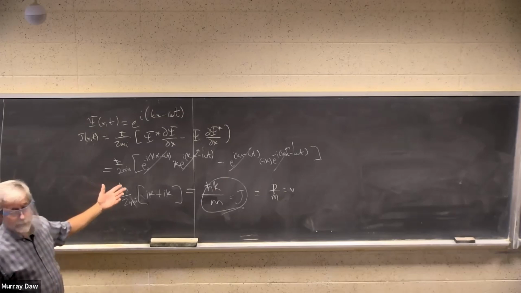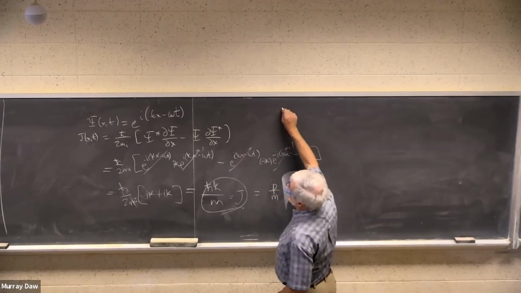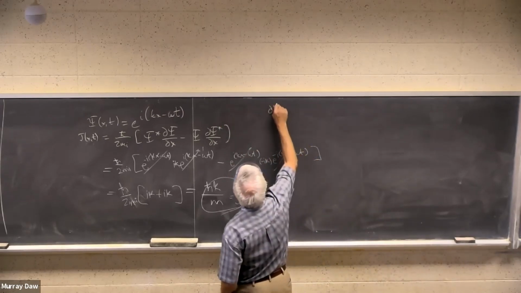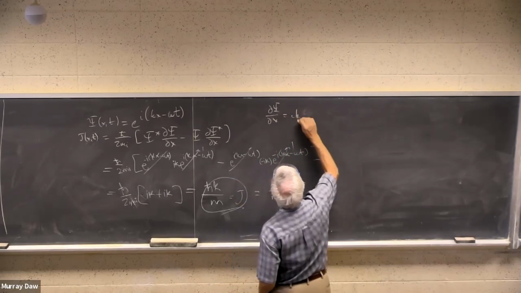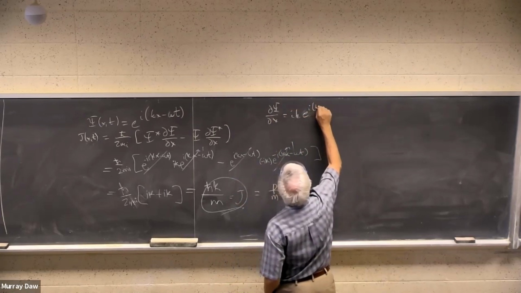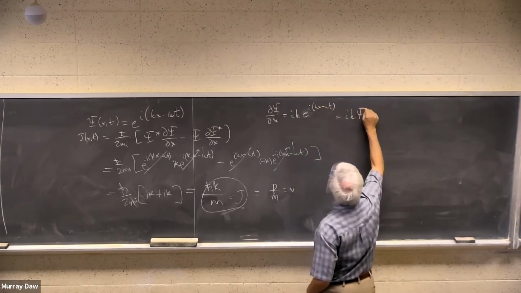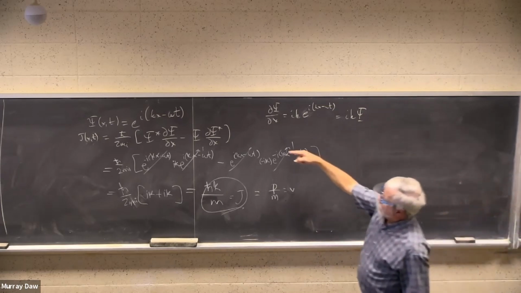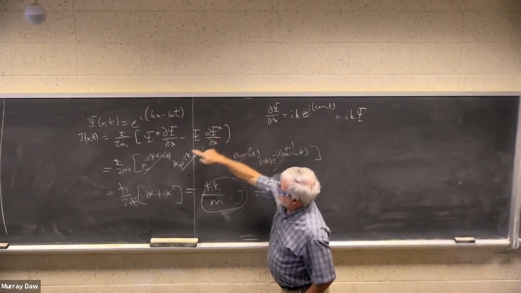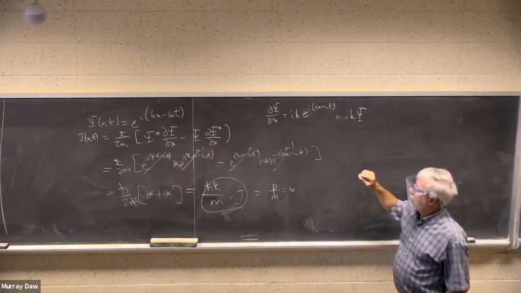Okay, just a little hint about how to do math a little bit more efficiently. d psi dx is ik psi, right? Use the e to the i(kx minus omega t) and write it as ik times psi. Instead of doing a substitution straight away to get the full expression, take a piece of the value.